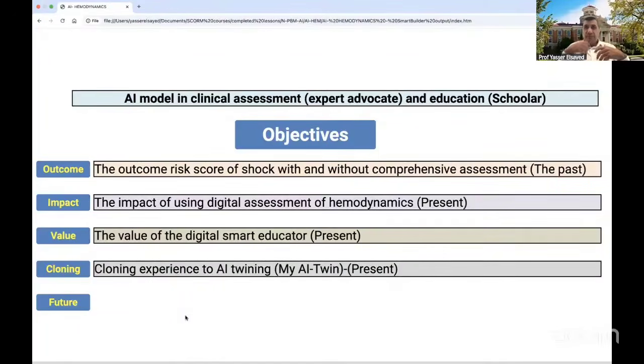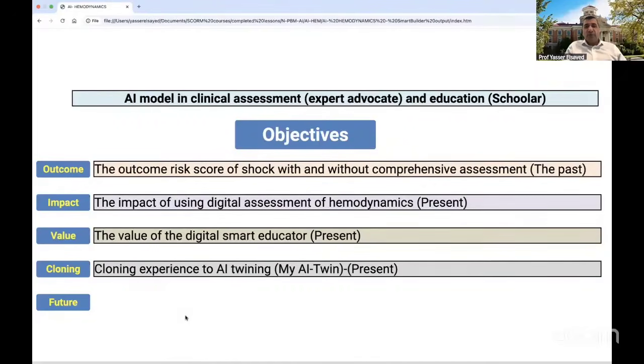Instead of you asking me a question if you have any difficulty understanding hemodynamics, or instead of my colleagues consulting me every day about difficult cases on shock, we have this model here, which can be cloned or twinned.